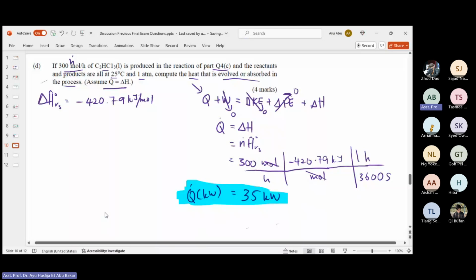Now, how is the mark distribution for this question? For example, for this question, 4 marks. The final answer is 1 mark, the equation 1 mark, substitution of the info 1 mark.